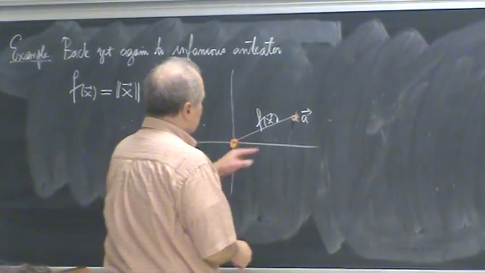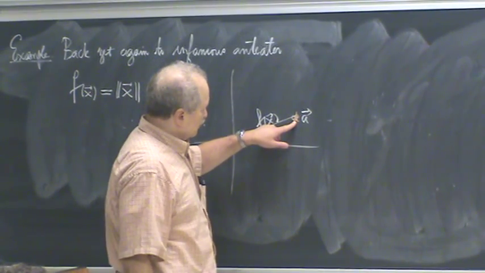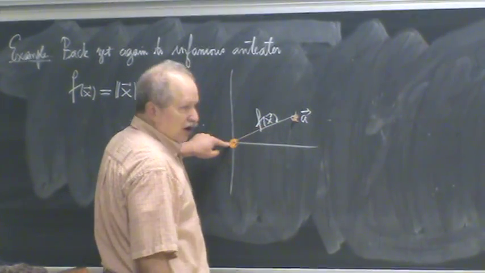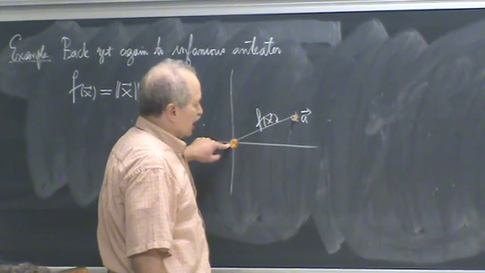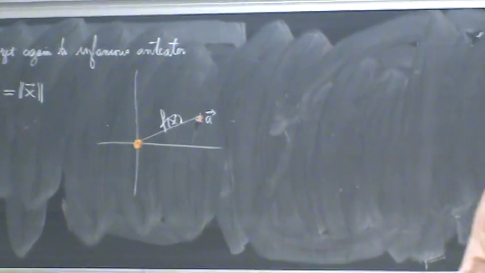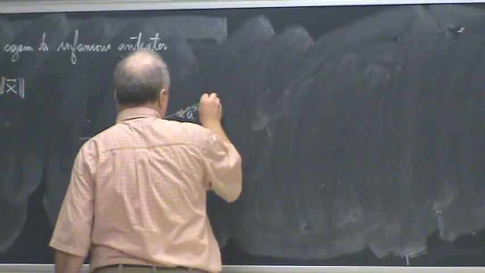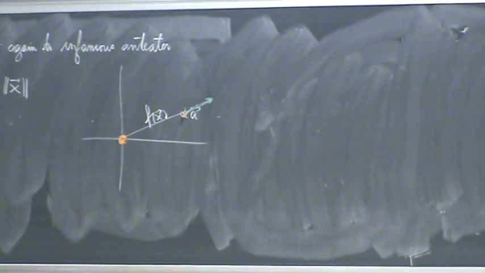So he wants to know, what direction do I move to get away from the origin as quickly as possible? And we already did the argument a few weeks ago that we should go radially to increase the distance from the origin as much as possible.